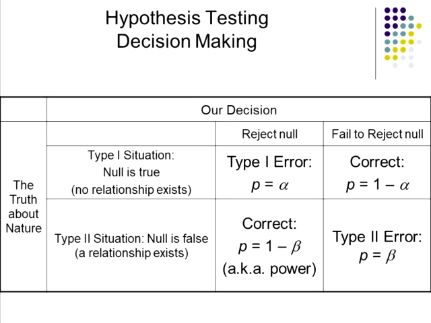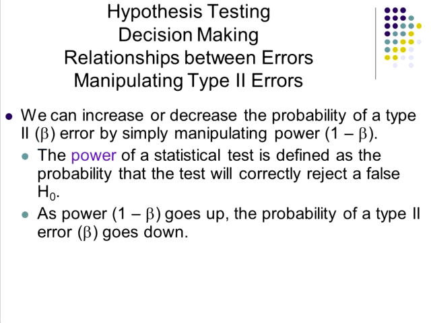Well, this bottom corner box, the one that's called power, is by far the most important one. Power, the probability that the test will correctly reject a false null.